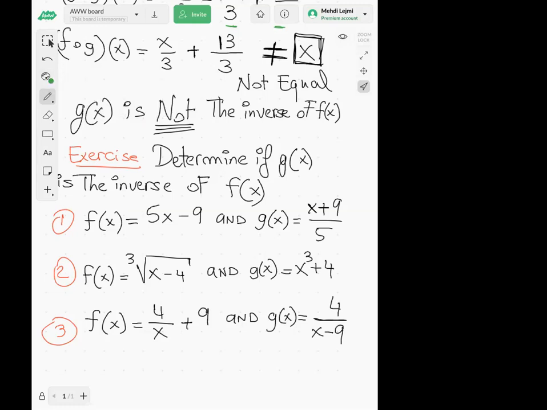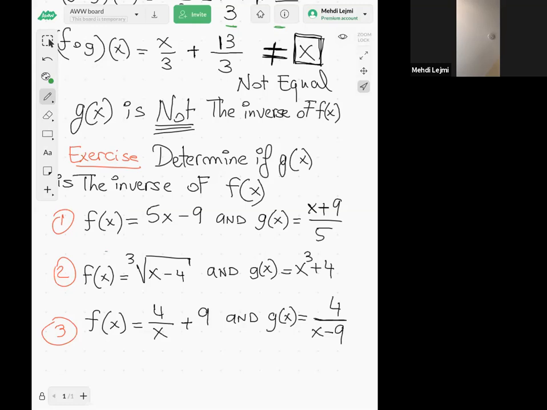Let me just say, guys, when you have a third root, it means a power, an exponent of 1/3. When you have a third root, it's like a power or exponent 1/3.